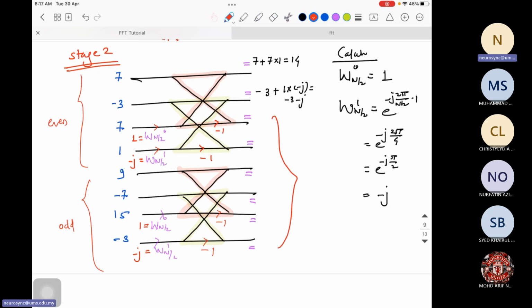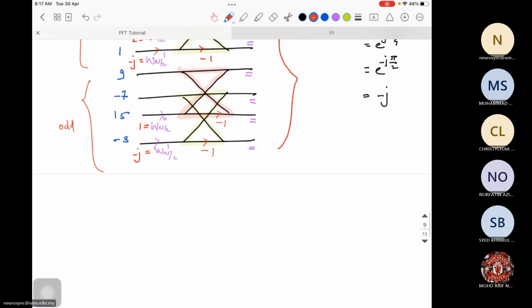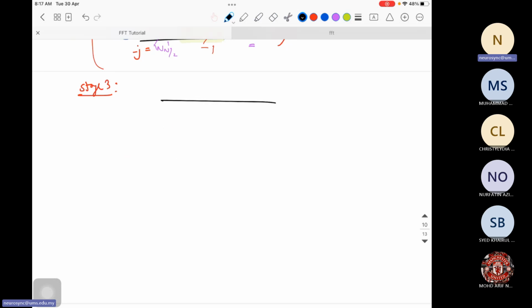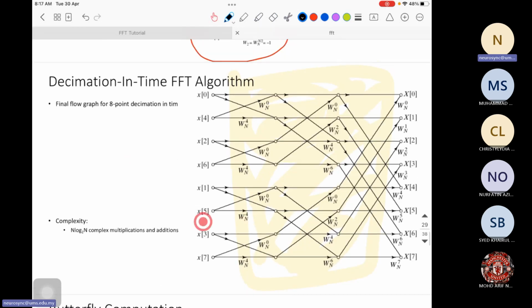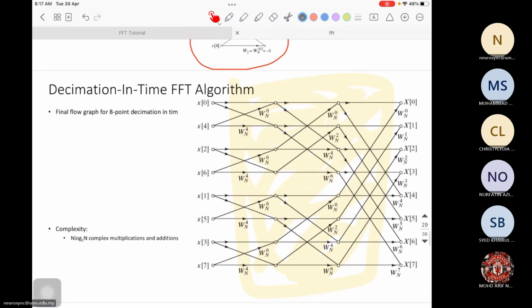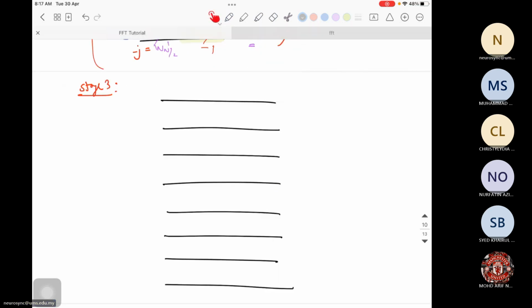Now we'll go towards stage number 3. For stage 3, first draw the flow diagram. So we will need 8 lines here: 1, 2, 3, 4, 5, 6, 7, 8. And what is the structure? The structure is like this for stage 3. Now you can draw this structure and find out the output.